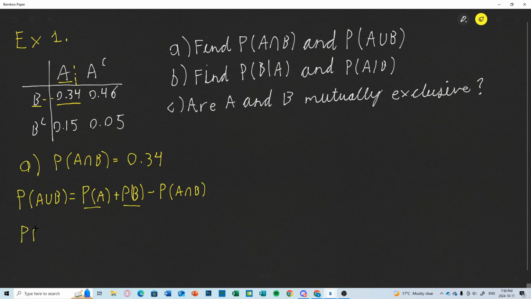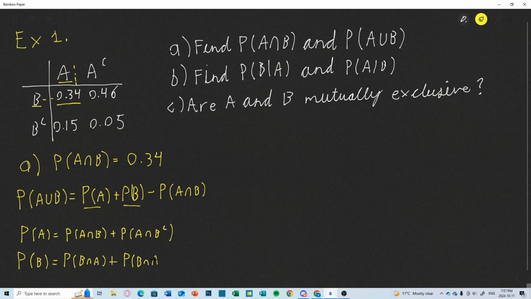Our probability of A will be equal to the probability of A and B plus the probability of A and B complement, because the B's cancel out, leaving us with just the probability of A. Same thing with the probability of B: it's the probability of B and A plus the probability of B and A complement.